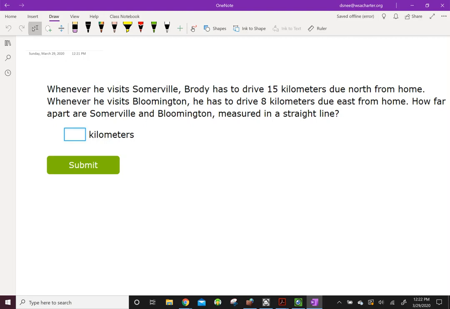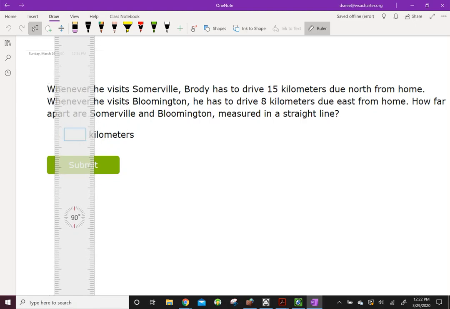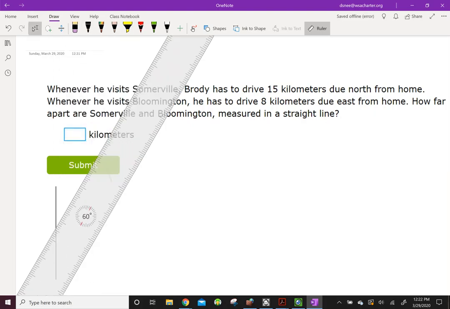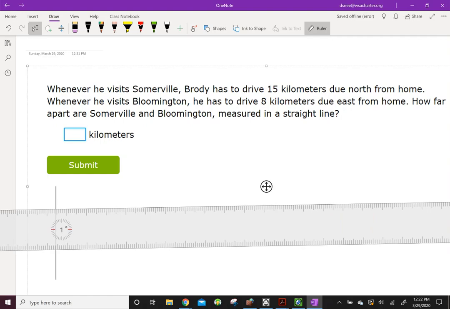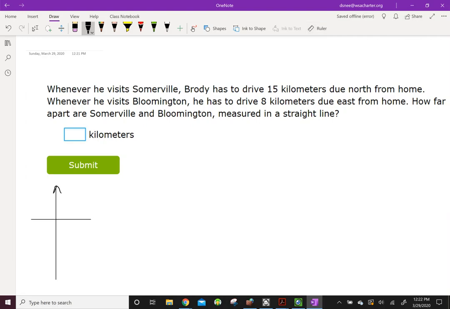Whenever he visits Somerville, Brody has to drive 15 kilometers due north from home. All right, I'm going to draw a little compass here: north, south, east, west.